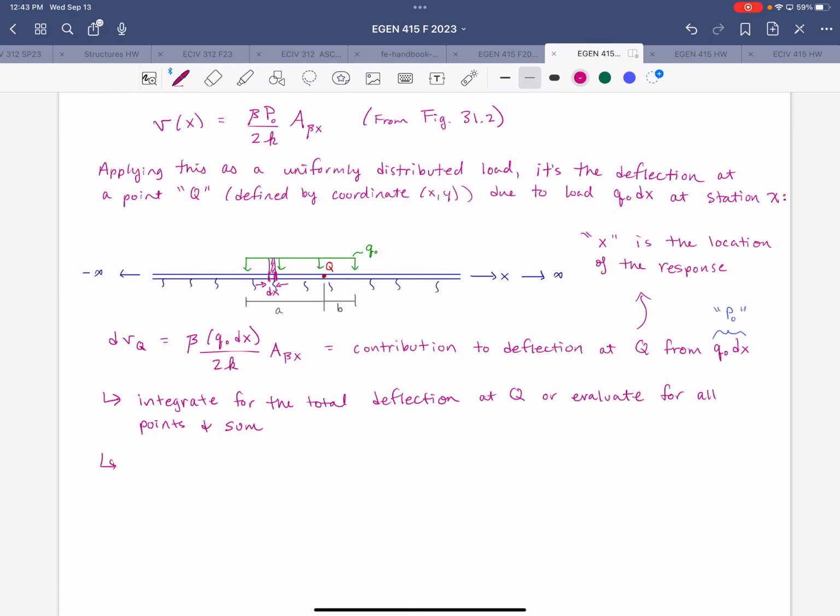And this is a little bit redundant because I already kind of wrote it down, but since this is somewhat of a confusing topic, I will reiterate it. The coordinate xy, right, which represents Q, as noted above, it's the location where deflection is computed.